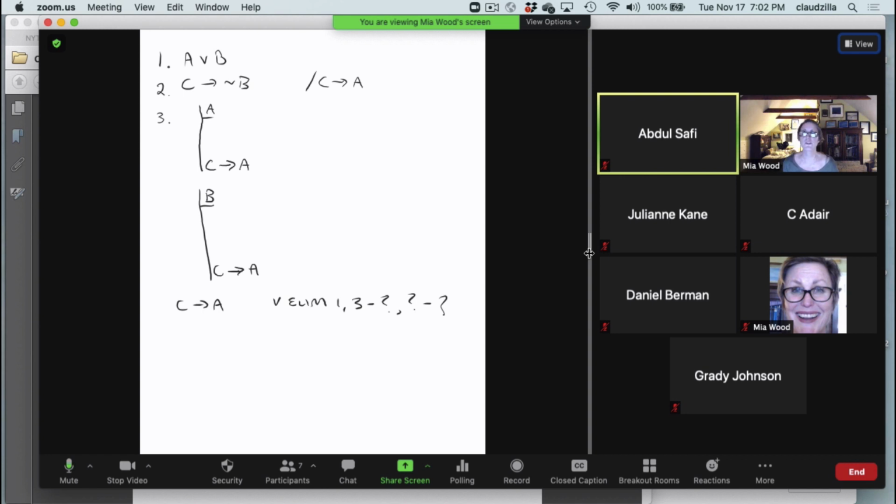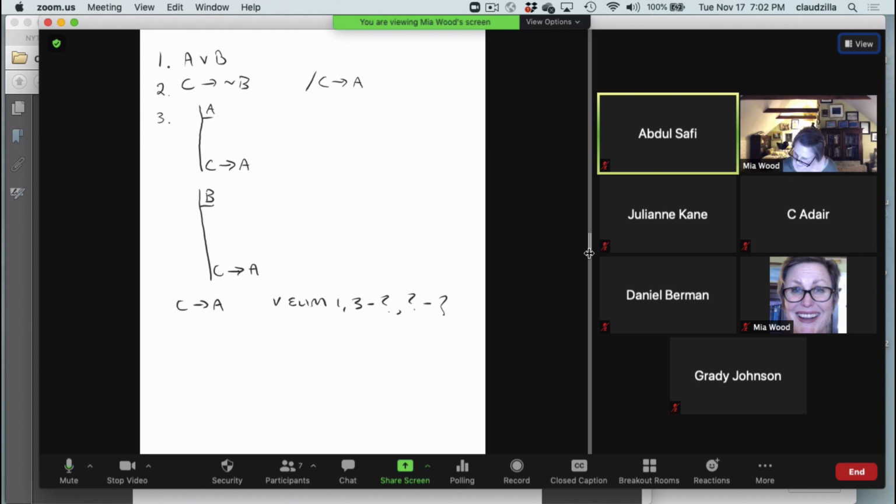Now, what we want to do is, like I said, work backward. So if we want to generate a conditional, how do we do it? Knowing me, I probably didn't leave us enough room in the proof, so bear with me.